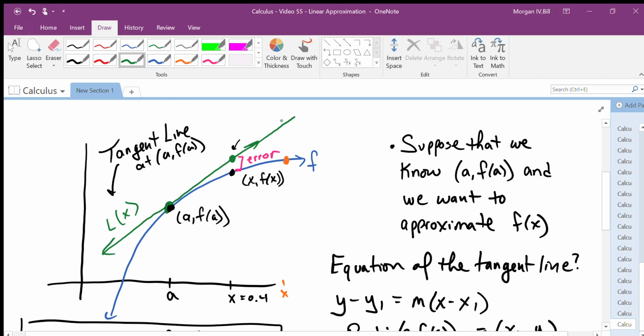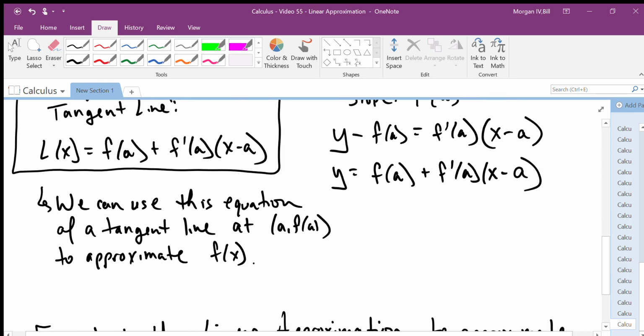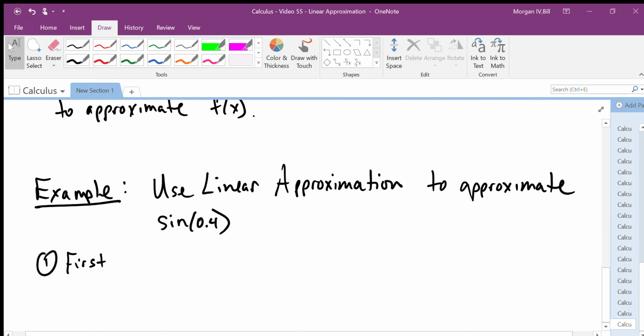And the linear approximation is way up here. The further that x gets, the worse your linear approximation is going to be, because the curve is going to more than likely continue to curve away from the line. So all that to say, a and x can't be that far apart. Okay, so let's go back down here. First, choose an a value.